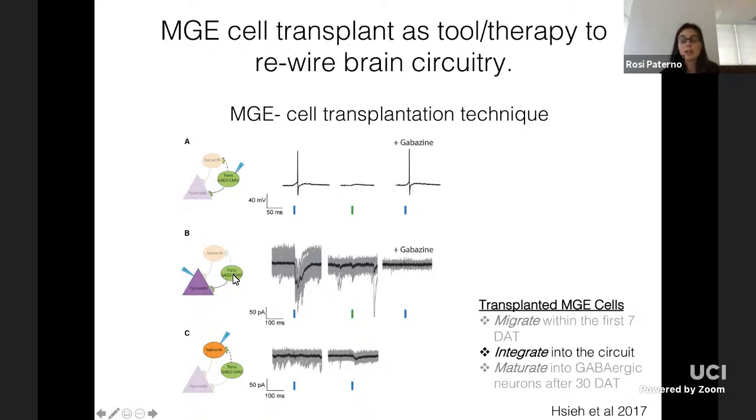Using a combination of optogenetics and patch clamping, we were able to demonstrate that those cells actually form active connections with the native pyramidal neurons. So those cells are actually functioning and integrating in the circuit.